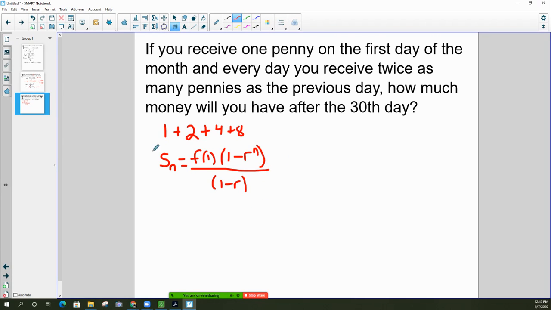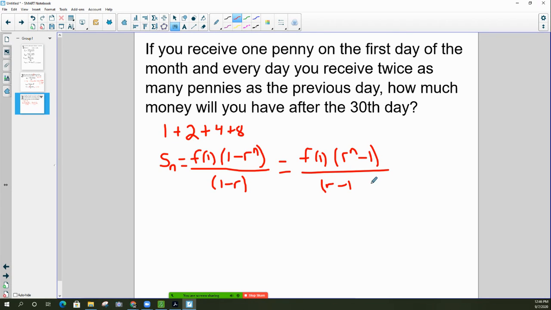Now this formula can be rewritten. Some people like to rewrite it so the r comes first. Just doing a little basic algebra, if I factored out a -1, the -1 would cancel out and these would be flipped. So you could also write it like this. You'll see some textbooks and teachers use this notation: f of 1 times r to the n minus 1, divided by r minus 1.